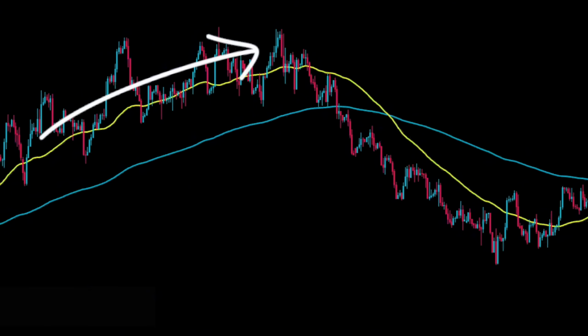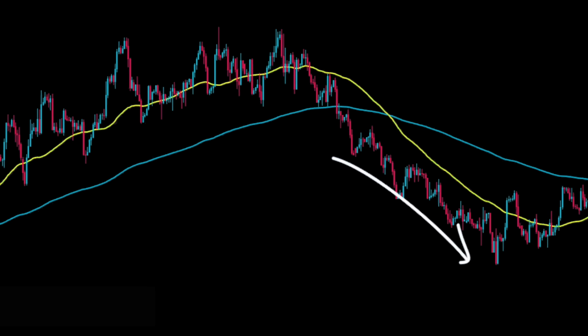As we discussed earlier, when the market is trending upward, the shorter-term 50 MA normally stays above the longer-term 200 MA, reflecting stronger buying pressure and continued bullish momentum. Likewise, during a downtrend, the opposite relationship occurs. The shorter-term moving average remains below the longer-term moving average because selling pressure dominates the market.